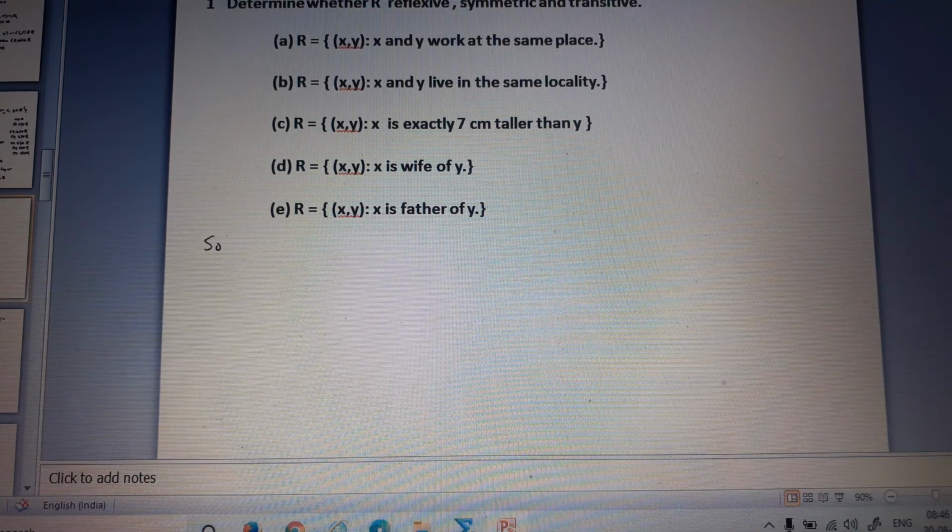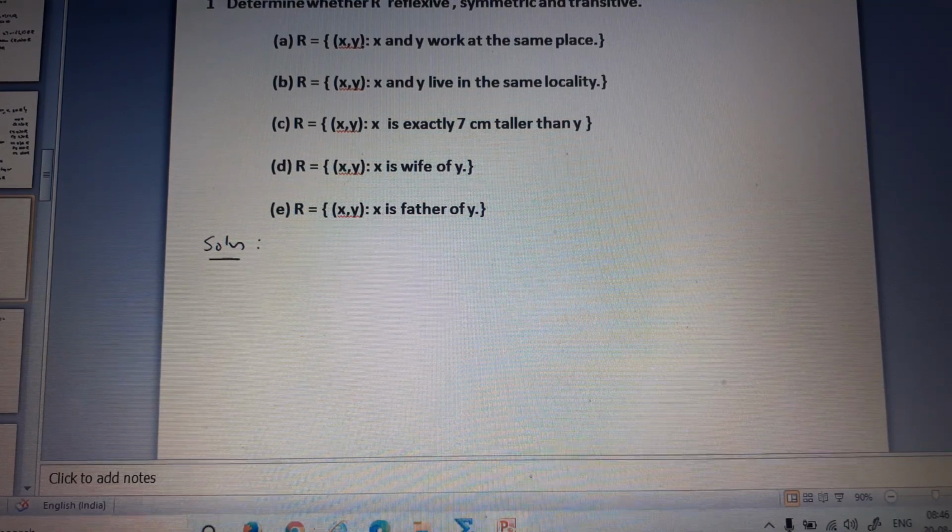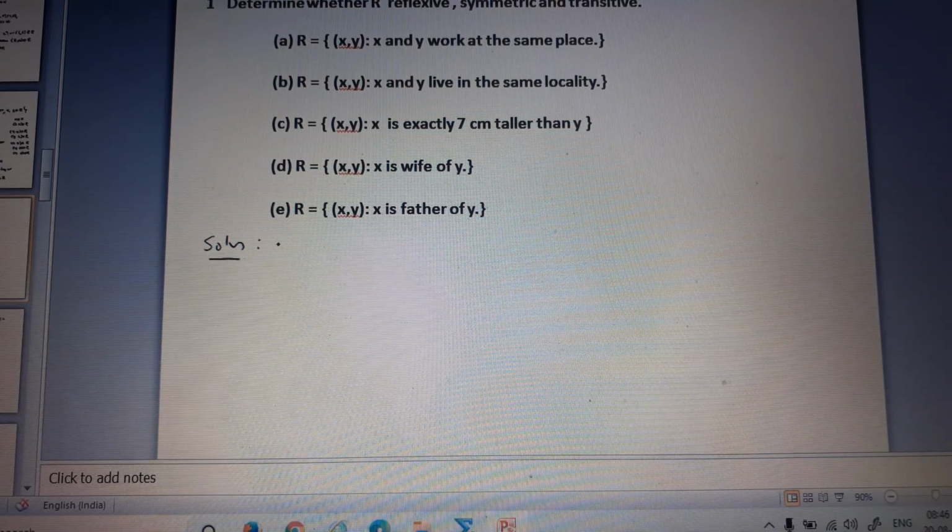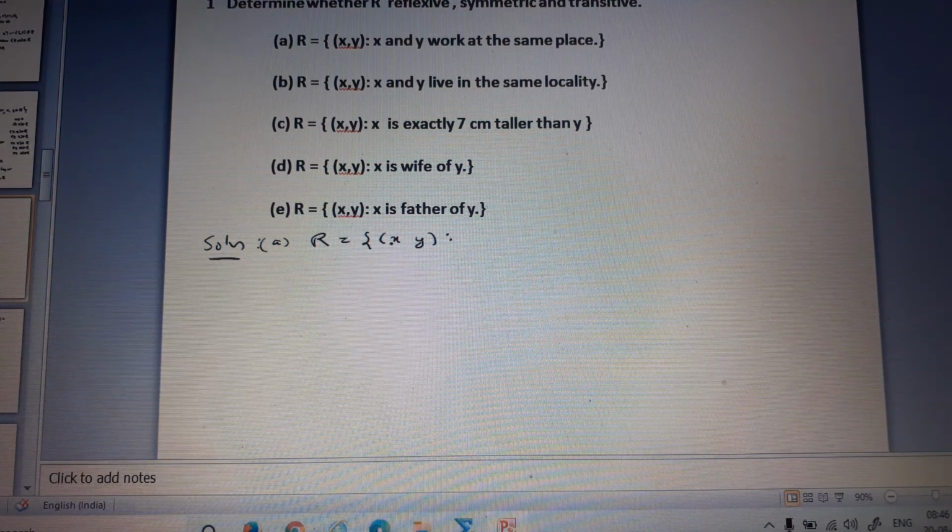See here, if you take the first one, x and y work at the same place. Now can you say (x, x) belongs to R? Yes, because the condition is this. R is the set of (x, y) such that a person x is related to y if x and y work at the same place.